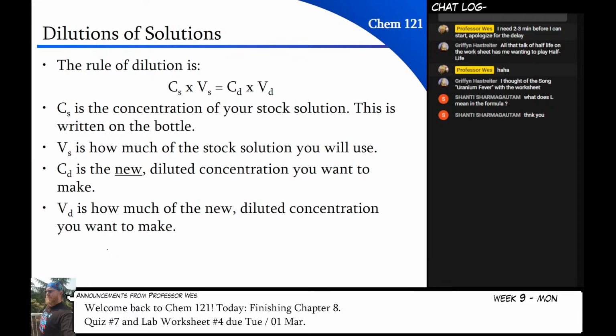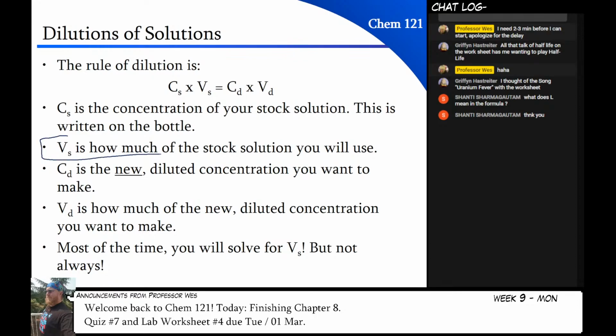And then VD is the new diluted volume total that you're going to prepare. Now, generally speaking, you're going to be solving for this one. This is not universally true, but for your purposes, this will be the most useful variable by far.